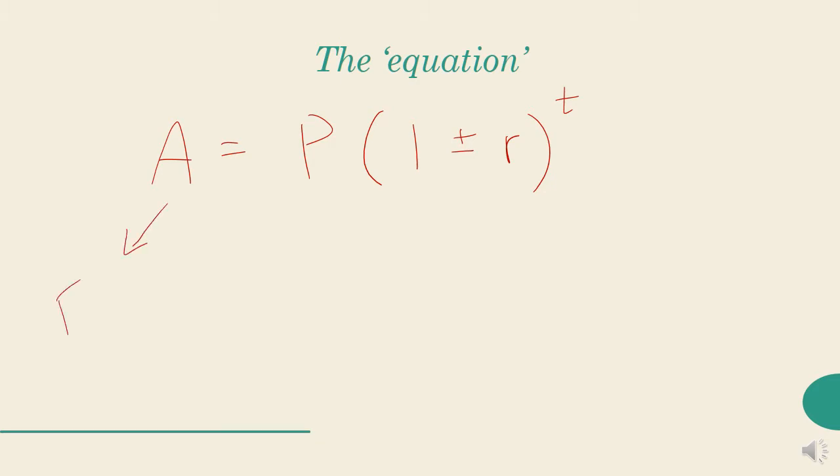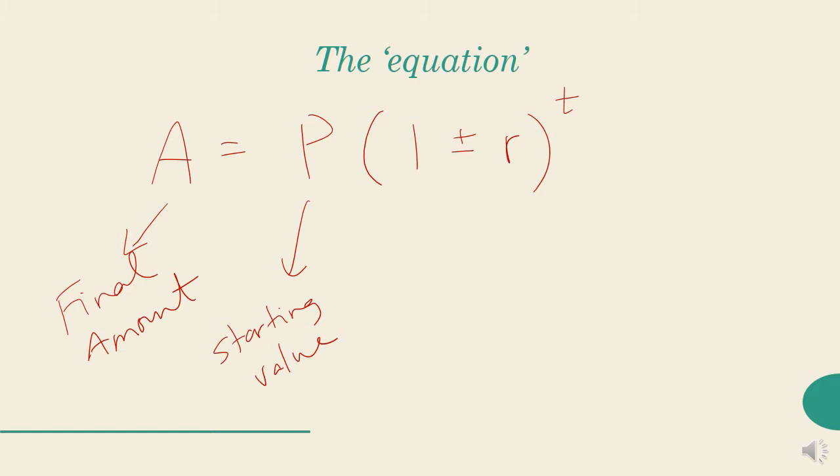A, we are going to say stands for the final amount. P stands for the principal value in finance, which is coming. But for now, we're just going to call this the starting value.